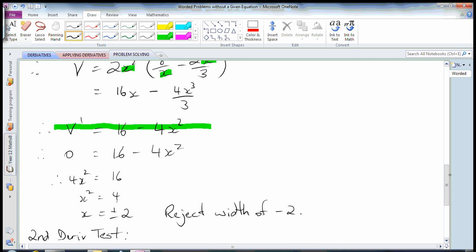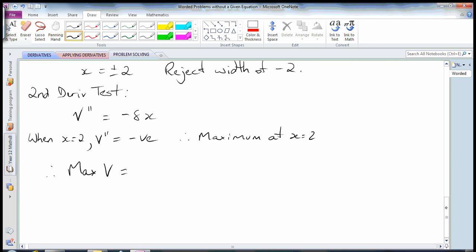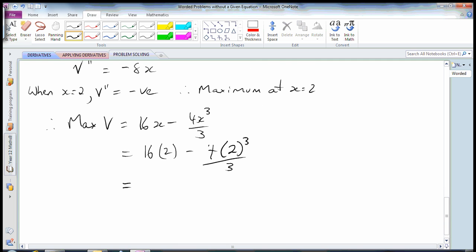So it's 16x minus 4x cubed on 3. So I'll just rewrite that so that we've got it in front of us, and we substitute in the 2. And we evaluate that. So when we evaluate that, I'll just number crunch it now, that will work out to be 21 and 1/3, and so that becomes our maximum volume.